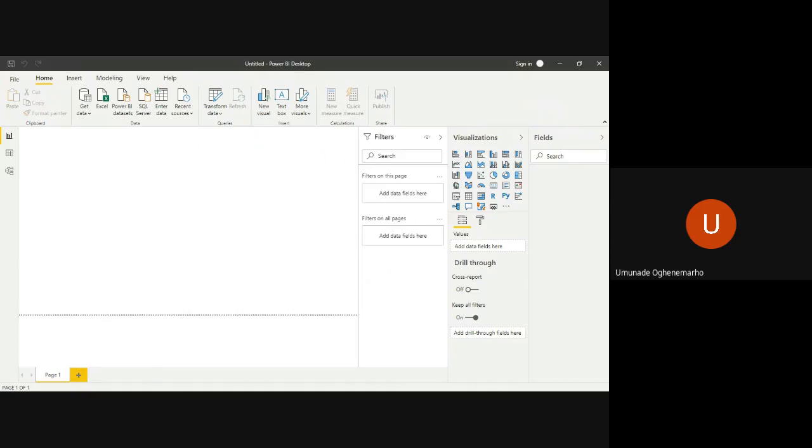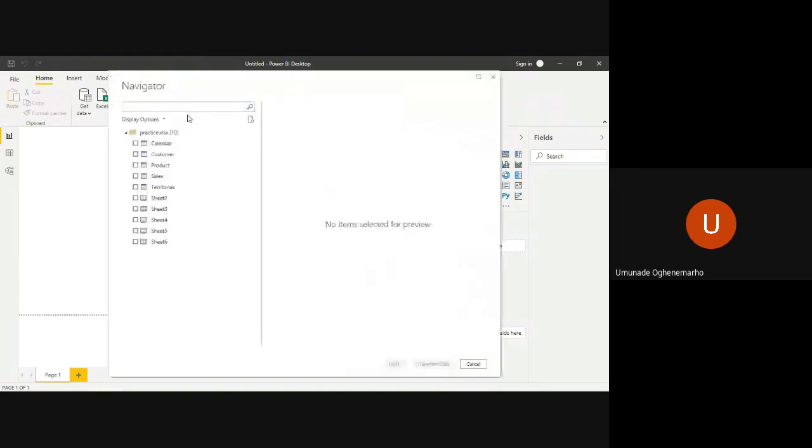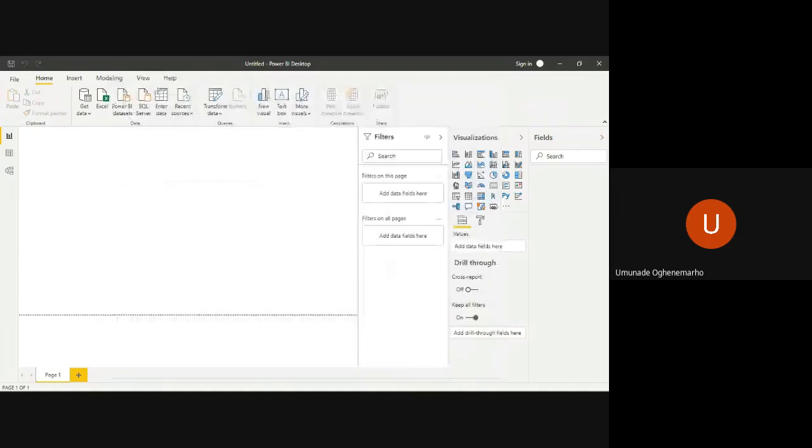So let our data come in. So just be calendar, customer, product, sales, and territories. Load them in and we'll dive straight into visualization.